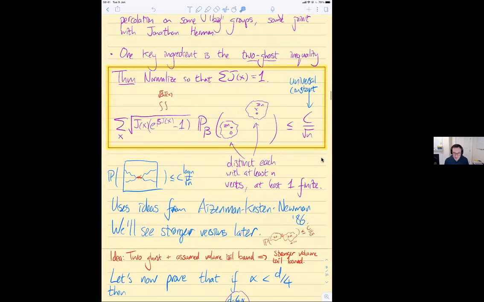So basically what this is telling you is that it's difficult a priori, without knowing really anything about percolation yet, to have two distinct big clusters near each other.